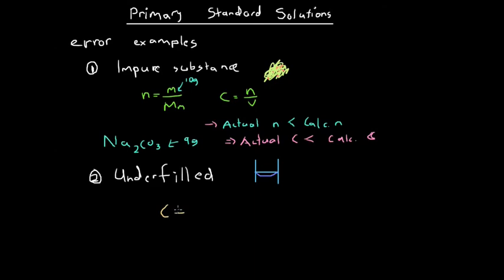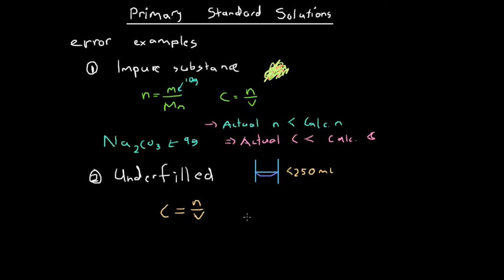If concentration equals mole divided by volume, the volume here is less than it should be. Say it's a 250 mL flask. We've used 250 milliliters in our calculations because we think there's 250 milliliters of solution. However, in reality we've underfilled it, so we actually have less than 250 milliliters. If we used 250 but should have used less, then our actual concentration is going to be larger than our calculated concentration.